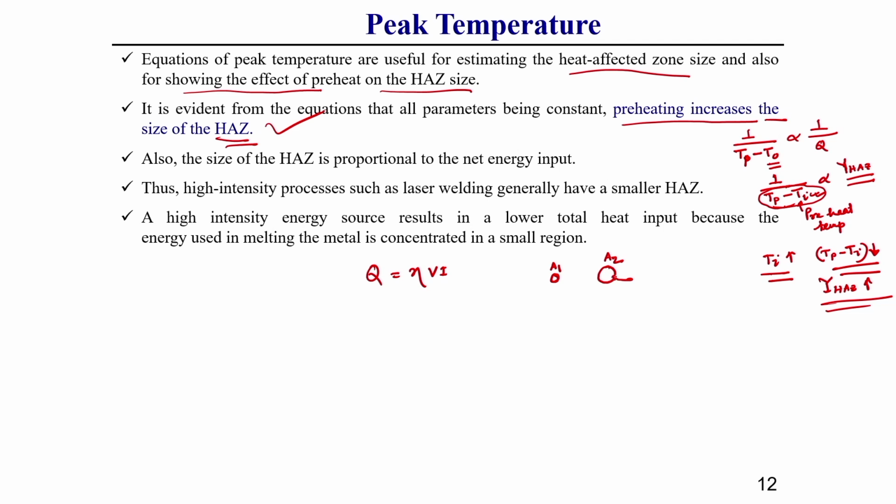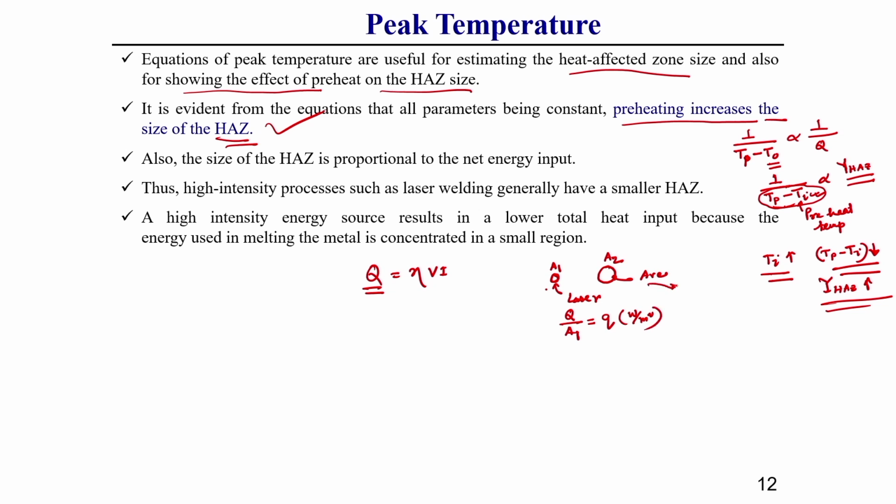Let us consider this is for the arc welding process and this is for the laser welding process, where the laser welding heat source is a very small spot. Now, for a particular Q value, what is the intensity of heat or heat flux for this laser case? For the laser case you can say Q by A1, the heat flux, in watt per meter square.